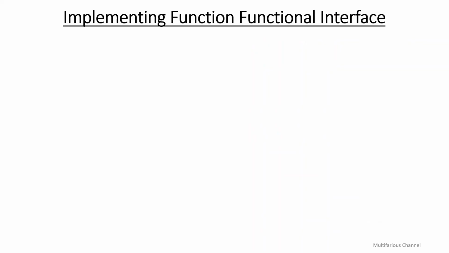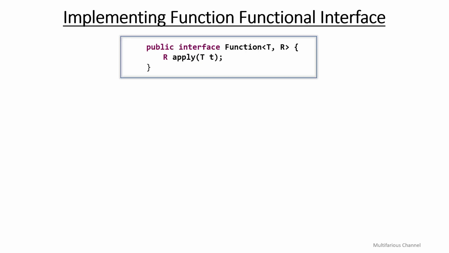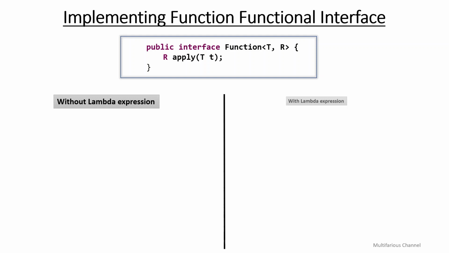So now let us see some examples to understand the function functional interface. Let us assume I want to write a function that tells me the length of a given string. So what we are expecting is a number, which is nothing but the length of the string. First I'll try to implement this without the lambda expression. In Java 7, we create a class that implements the function interface and provides an implementation for the abstract method apply.